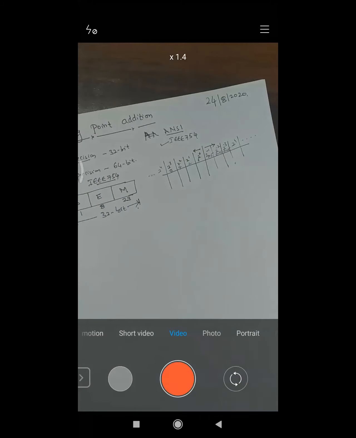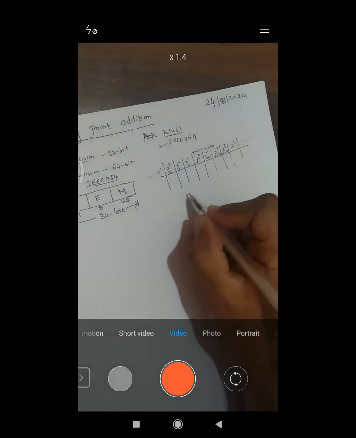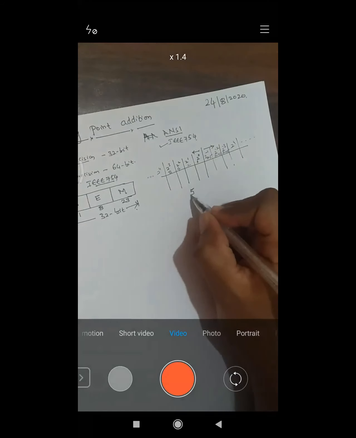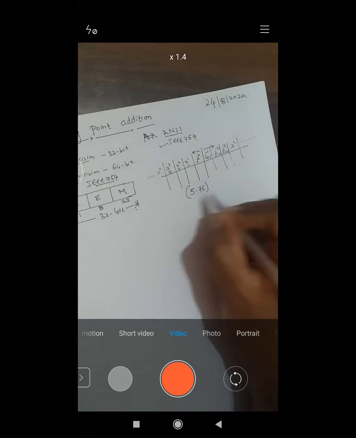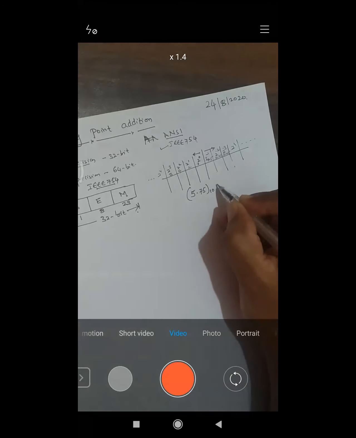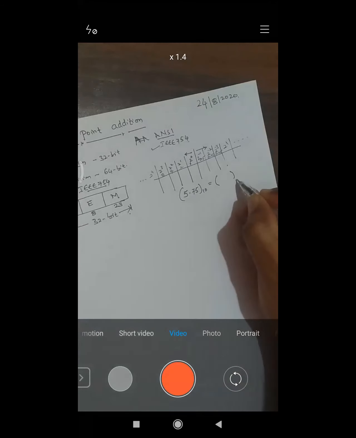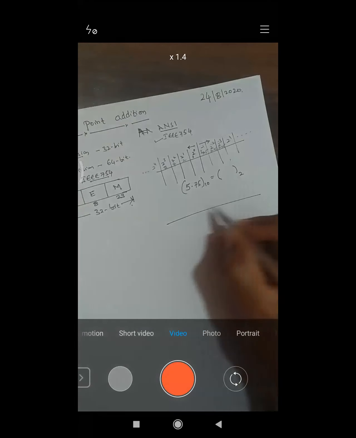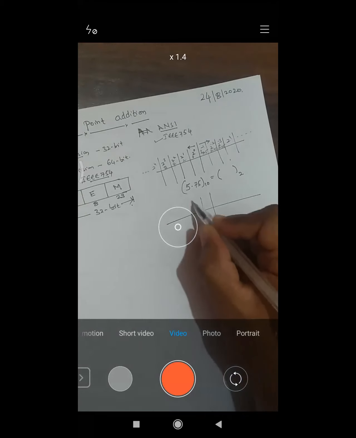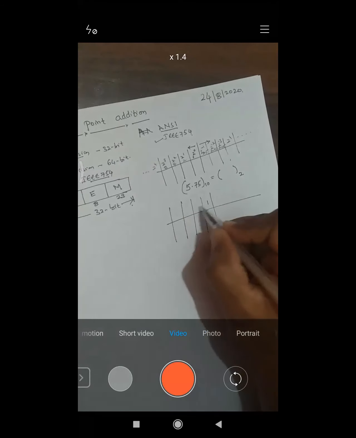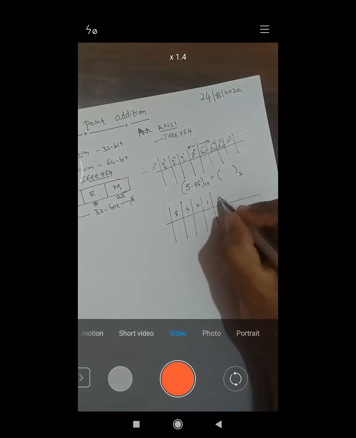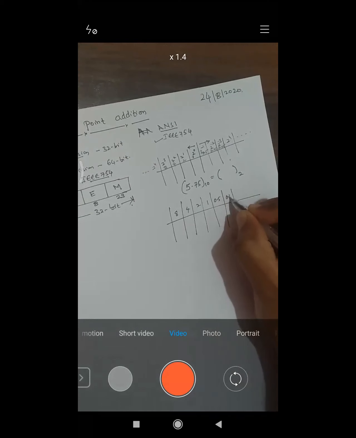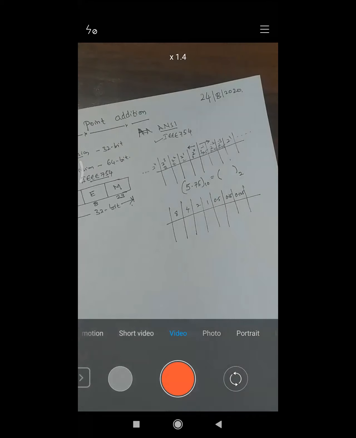We will take one example. Say for example, I will take 5.75. This is in decimal, and we must be able to convert it into binary. So draw the number system 1, 2, 4, 8, and the place values for the fraction are 0.5, 0.25, 0.125, and so on.